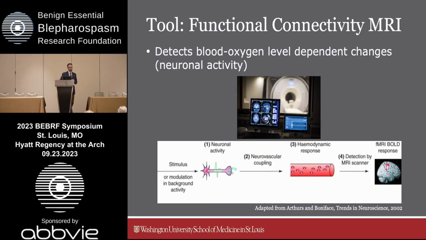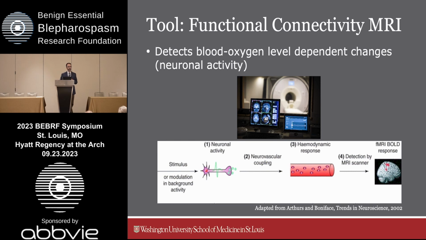And so, again, in development of technology, we now have tools where we can specifically look at the networks in dystonia. And this is specifically called functional connectivity MRI. This is different from standard clinical MRI where we just look at the structure of the brain, right? We take pictures, there's lots of physical properties that allow us to see the structure of the brain. Functional connectivity MRI takes it to another level.